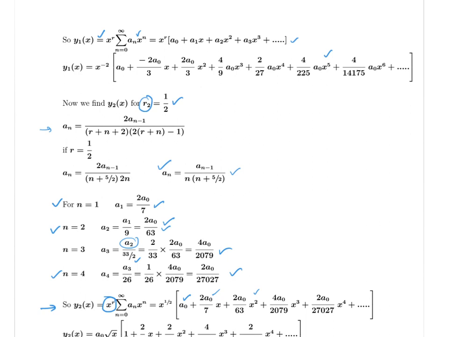So a0 is something we already have, right? a1 is something we just found here. So we plug in a1. a2 is something we found here. We plug it in here, a2 x squared, a3 x cubed, and a sub 4 x to the power 4. I'm being a little bit casual here, okay?